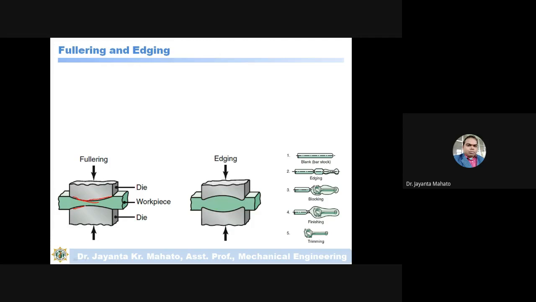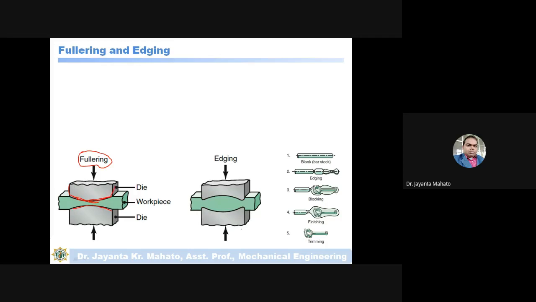So here the material will flow from here to outward. This is actually called the fullering forging process. In this case, these shapes of die are required.